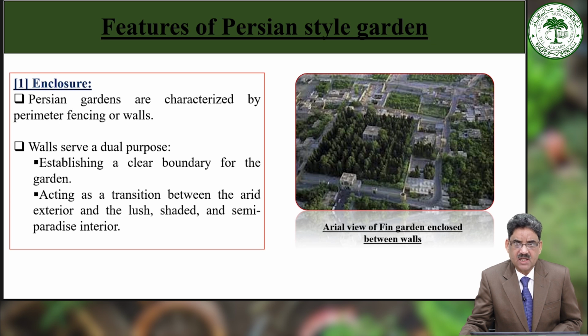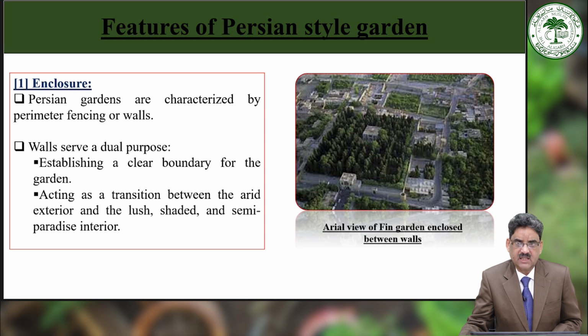Regarding the essential characteristics of Persian style gardens, the first is their enclosed nature. One of the unique features of Persian garden is being fenced or walled around its perimeter.